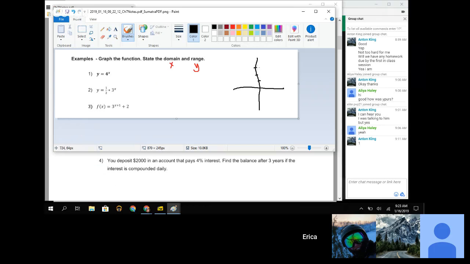If I was to graph this, I know that I have a point when x equals 0, y equals 1. When x equals 1, y equals 4. And then my exponential curve is going to start off down here, go up, and then rise exponentially. That is really bad. That's me drawing my exponential function with a mouse. So hopefully yours looks a little better than that. But that's y equals 4 to the x power.